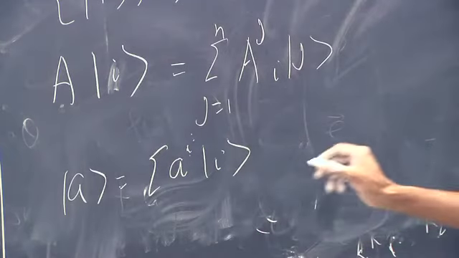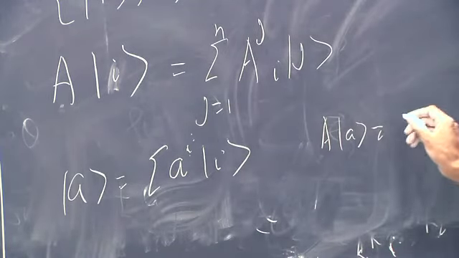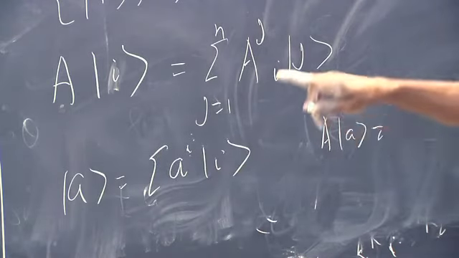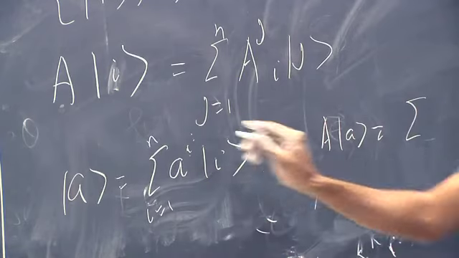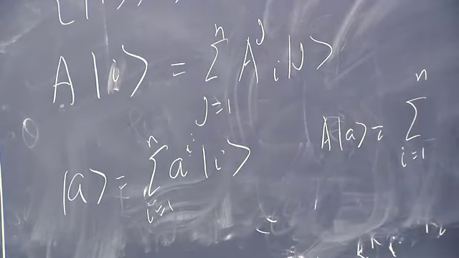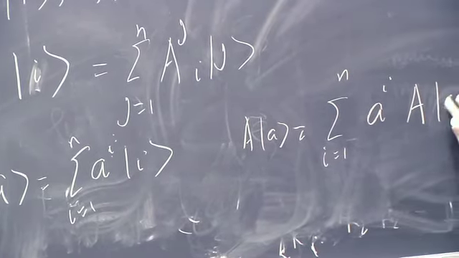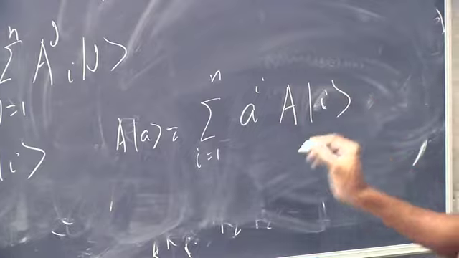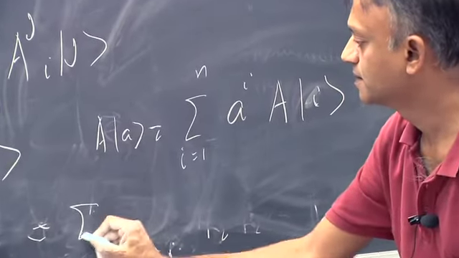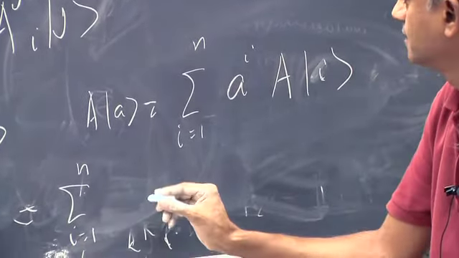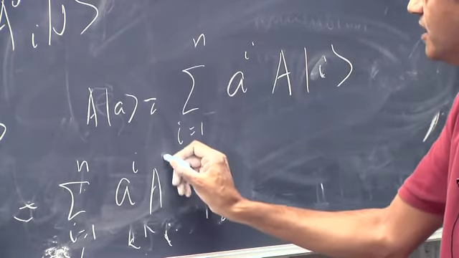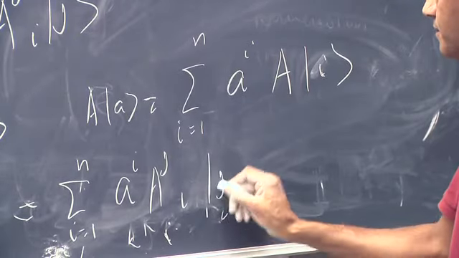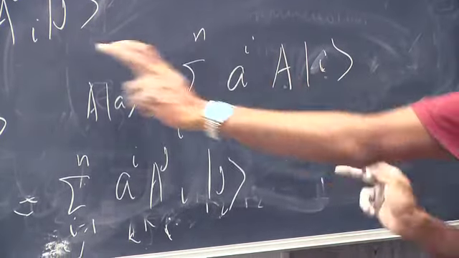Then you can see that A acting on it, using the linearity property, is the sum over I equal to 1 to n of the coefficient A I times A acting on the basis vector I, which is the sum over I of A I times the sum over J of A J I times the basis vector J. I just use this formula.